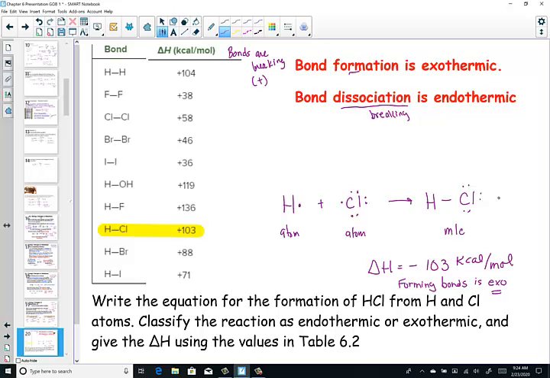That means it's being released, so you can think of it on the product side. It's exothermic. That was easy. It took 103 kcals per mole of energy to break the bond, to dissociate the bond, which is endothermic. These are all bond dissociations. Since we formed a bond, forming bonds is exothermic.